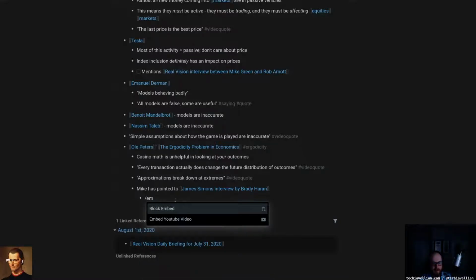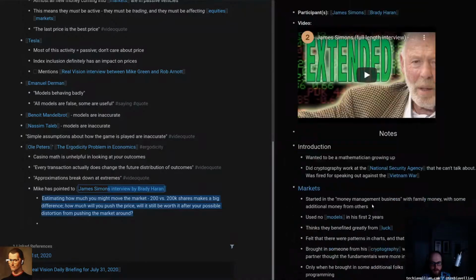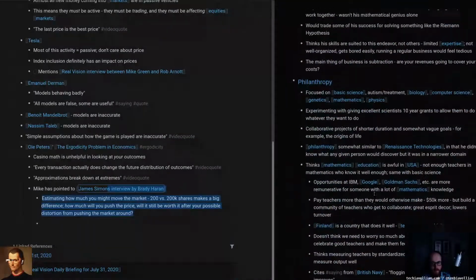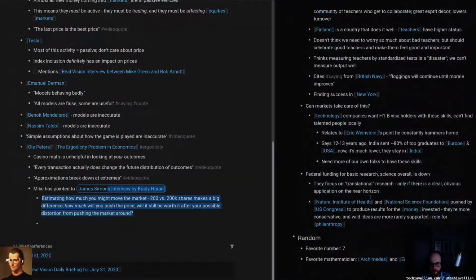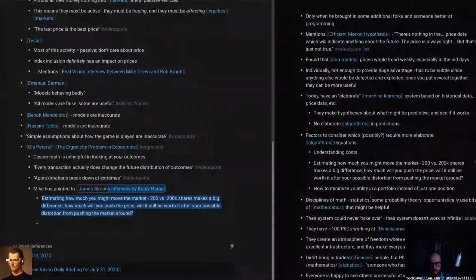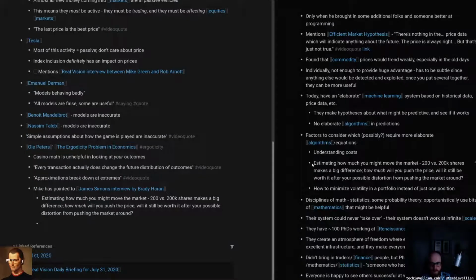So I'm going to embed that little bit that I took from, so I can shift click here and that'll bring up this page, and scroll through, find the particular bit that I was interested in. Right here, I can copy block ref. I can even actually, what is it?